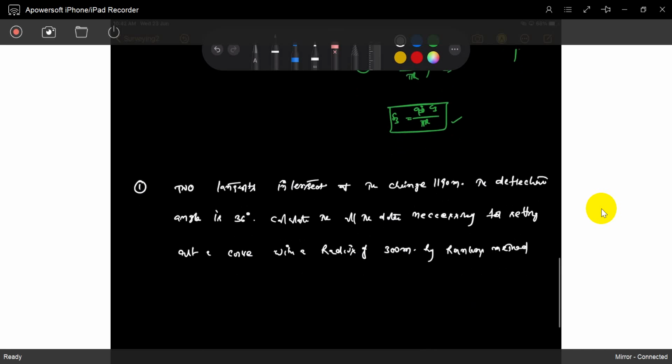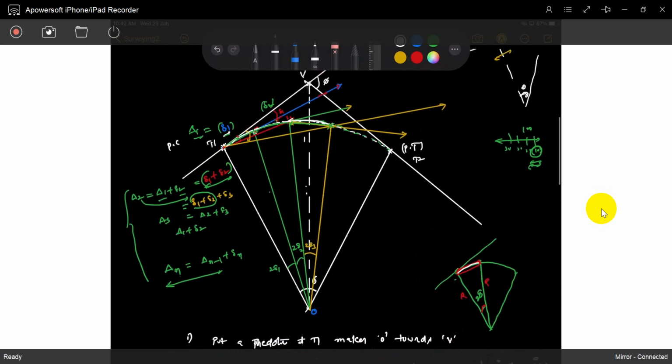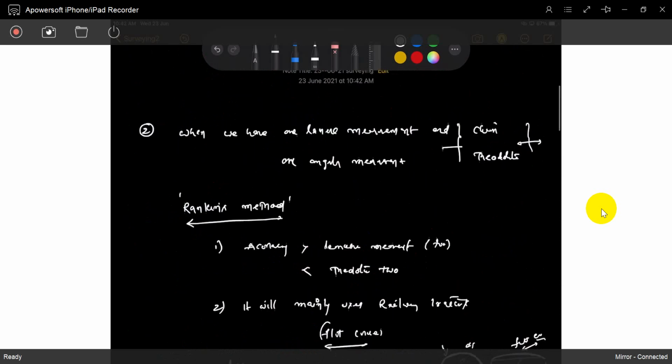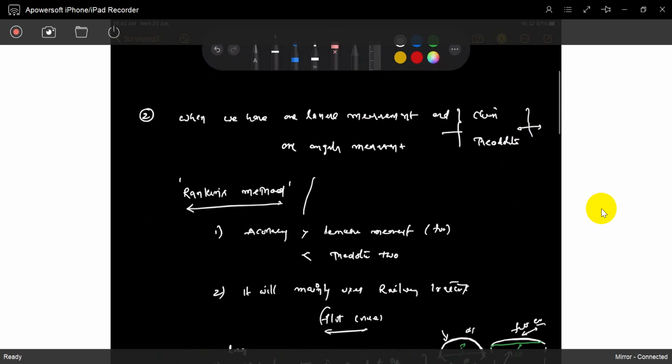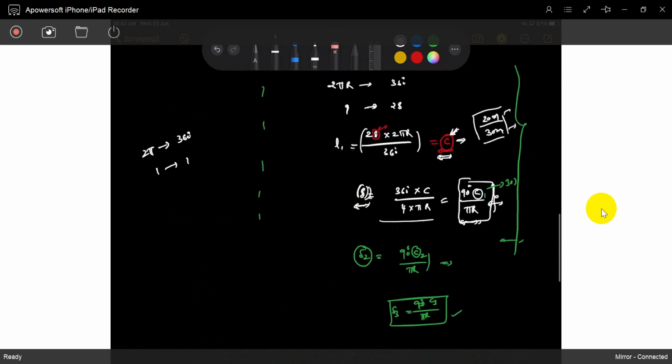It can also be called the deflection angle method. Deflection angle, just one deflection angle, that is alpha 1, alpha 2, alpha 3. So I can write it as the deflection angle method.